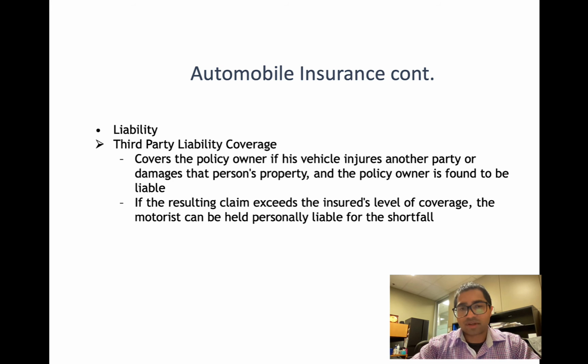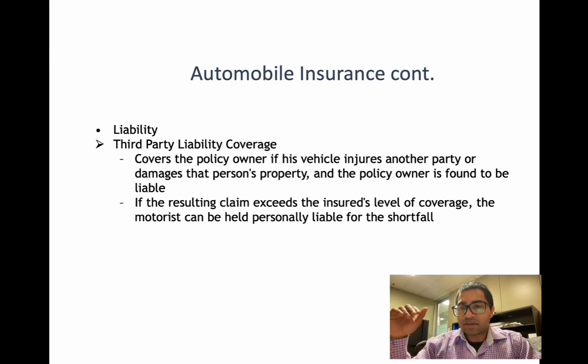This is very important. It's important to get a very high amount of third-party liability, because let's say you have a third-party liability coverage of $200,000. That is the bare minimum you can get in Alberta.